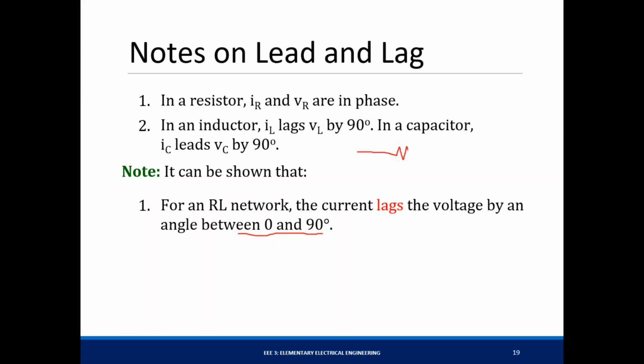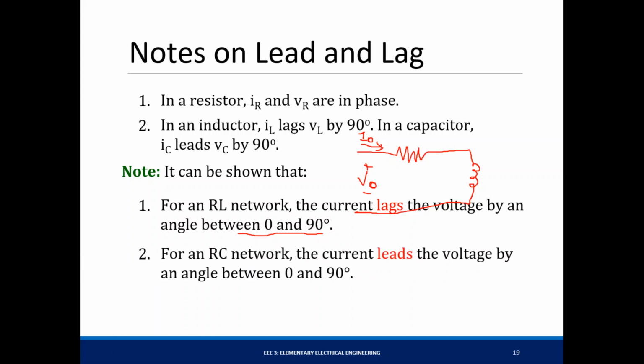For example, if we have a resistor in series with an inductor, okay, if we measure the voltage here, so some voltage V0, and has a current going in that is I0 here, then this current lags the voltage by an angle between 0 and 90 degrees.